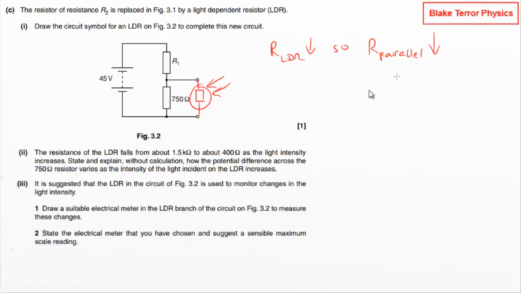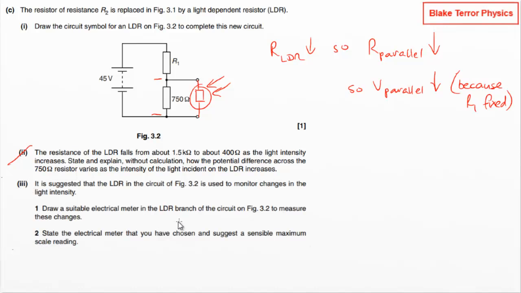So V parallel is going to drop as well, because R1 is fixed. If we're reducing the resistance across this branch, it's going to get a lower cut of the PD. So, yeah, that was simple enough.